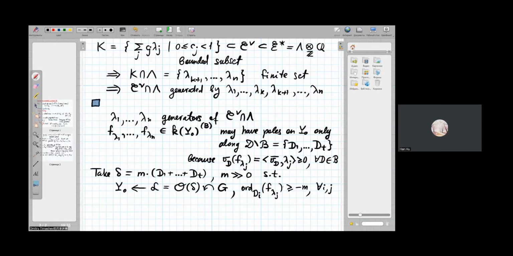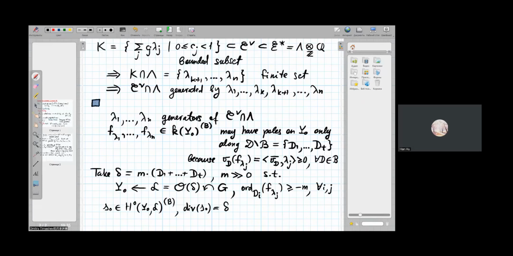No. Okay. So now under this choice, observe that if we take the canonical B semi-invariant section of the line bundle L corresponding to the divisor delta, let me denote this section by S naught. It is B semi-invariant, and the divisor of this section S naught is exactly delta.